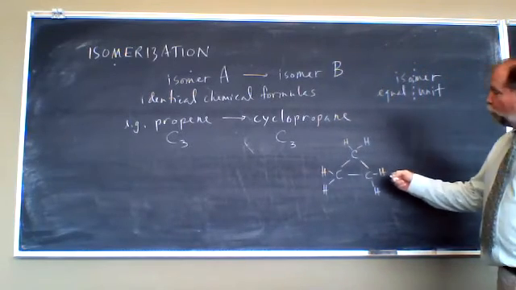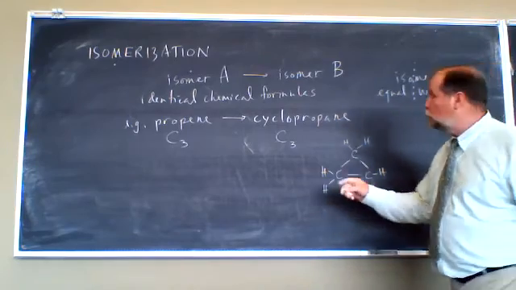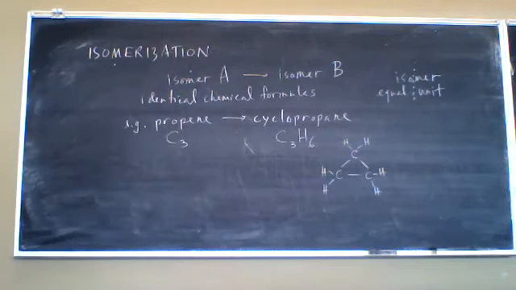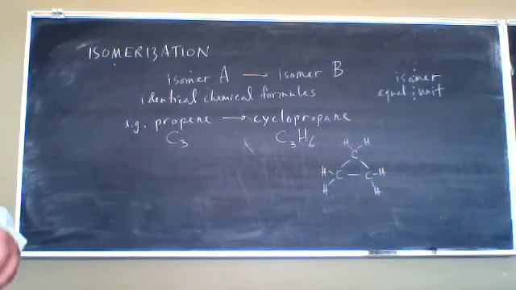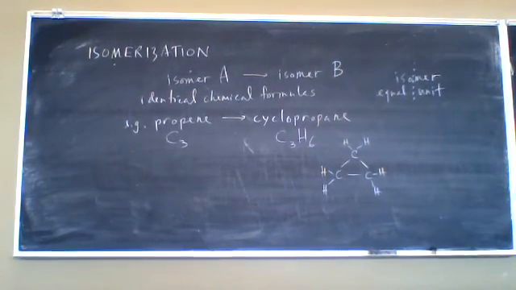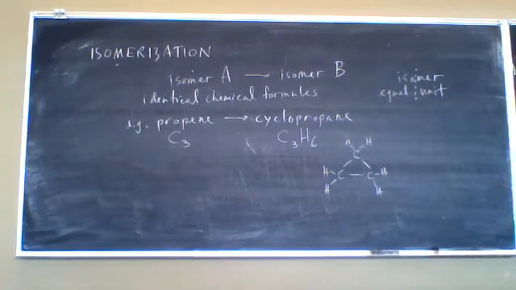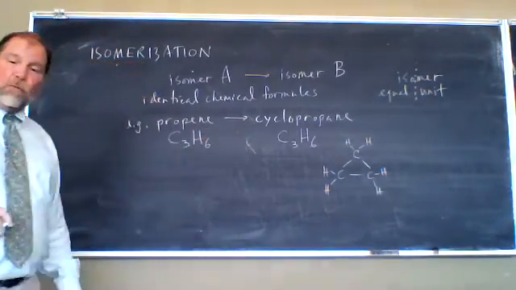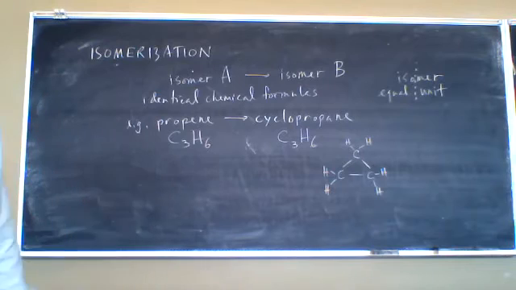And so the chemical formula for cyclopropane is C3H6. Because cyclopropane and propene are isomers of each other, they have to both have the same chemical formula, the same chemical unit. And so propene also has to have the chemical formula C3H6.